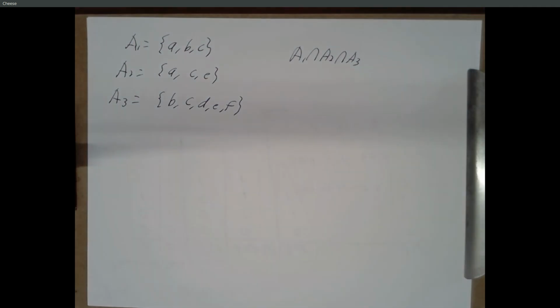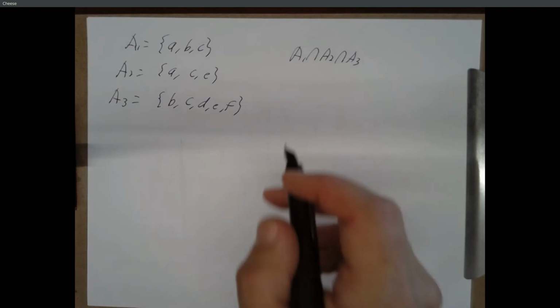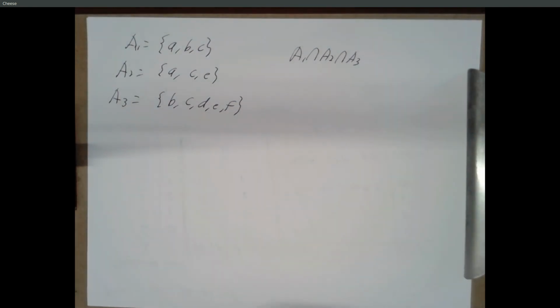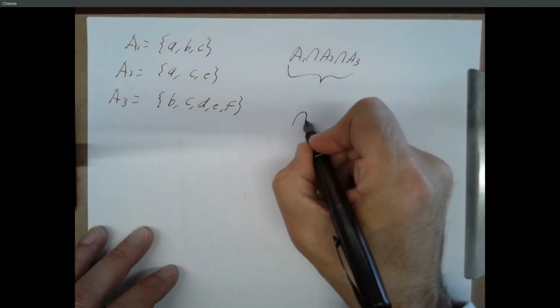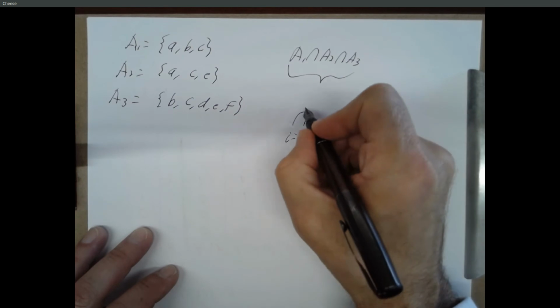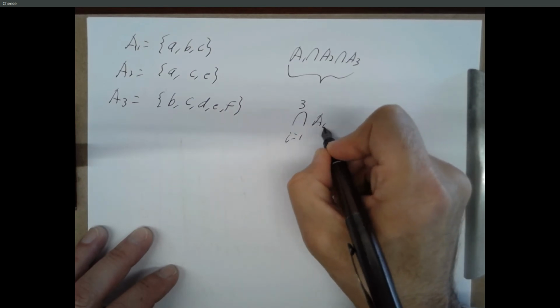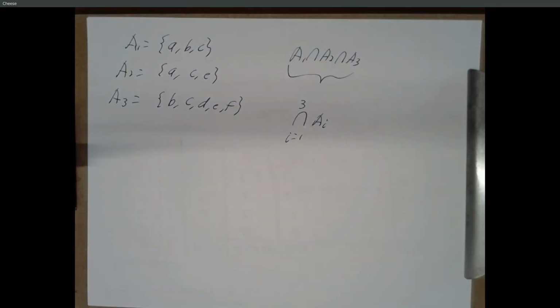And I might ask the question, what is A1 intersect A2 intersect A3? I'm not going to ask it, but I might, right? And if we had a lot of sets, we could do the intersection of 15 things. There's a shorthand you'll see sometimes. We could take this, and we could write it more succinctly as the intersection from i equals 1 to 3 of A subscript i.